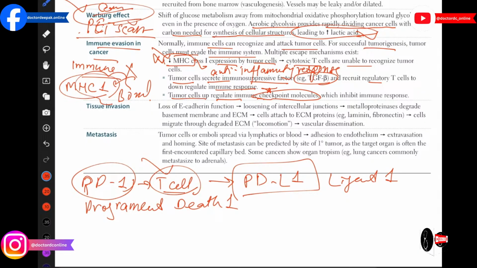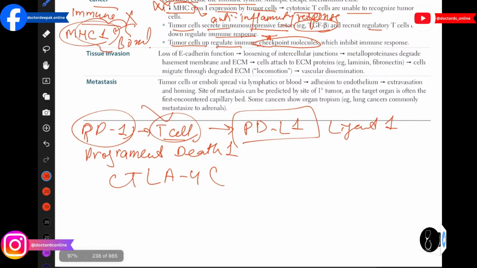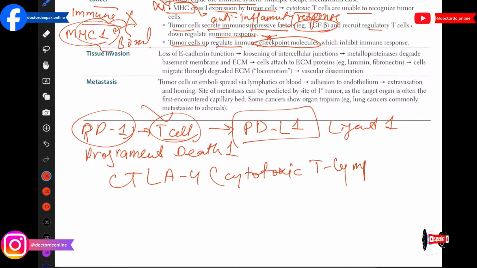And the third molecule is CTLA4. It is cytotoxic T lymphocyte antigen, and this is another protein that regulates T cell activation and can be targeted by tumors to evade the immune response.